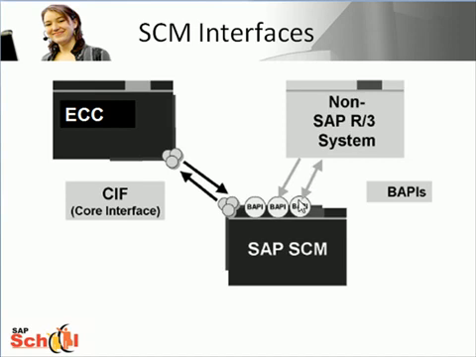And then you have the BAPIs, which are business application programming interfaces, and these help you to integrate SCM with a non-R3 or non-ERP system. The core interface is used to transfer master data and transaction data relevant to planning. From the master data point of view, the core interface is a one-way street from ECC to SCM.